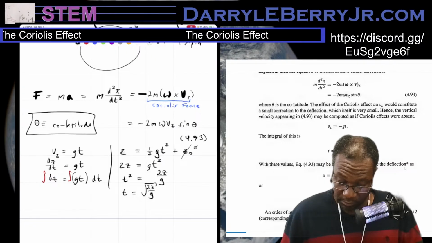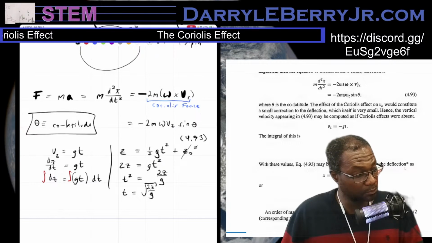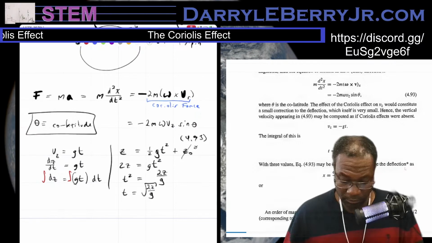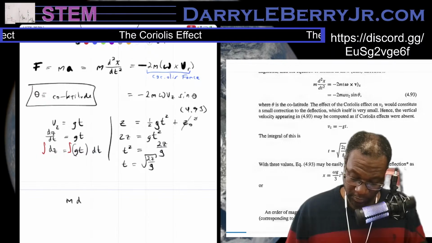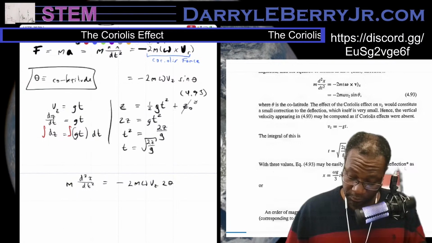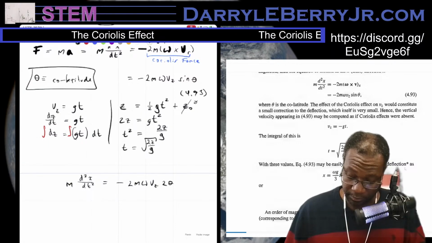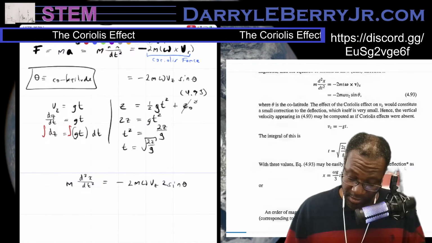Okay, we're saying that m d squared x over dt squared equals negative 2m omega vz sine theta.